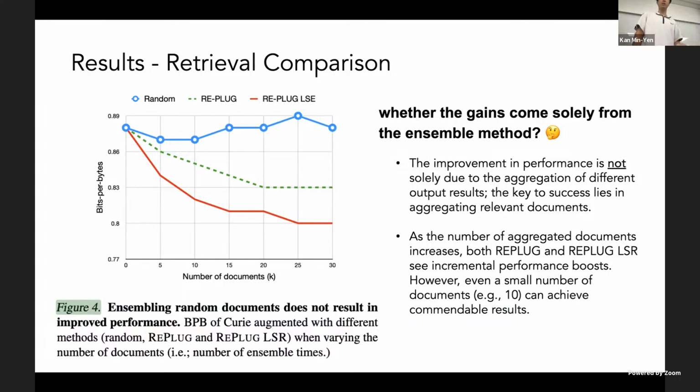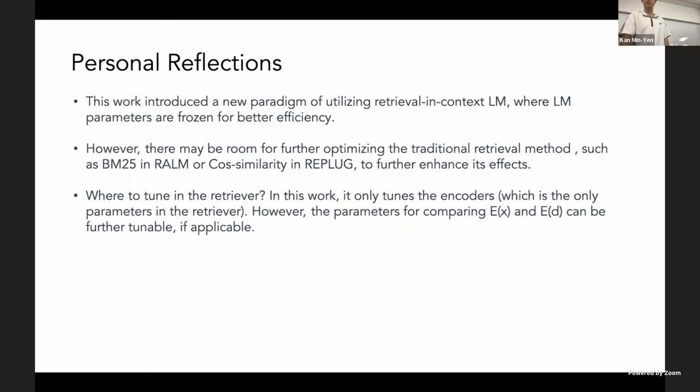So the random one is the worst, and the trainable one is the best. This also means the performance is not solely due to the aggregation of different results, but that we should retrieve relevant documents. Then we can have more accurate downstream outcomes.